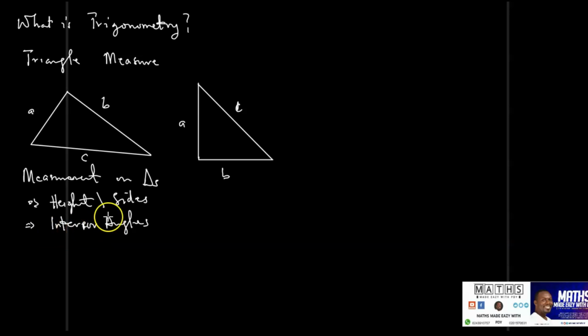Then again, you said the interior angles. So you can measure the interior angles here: let's say capital B, capital C, and capital A. Likewise, over here, we can have capital C, capital A, and then capital B. So on a given triangle, we can measure the sides, and we can measure the interior angles.